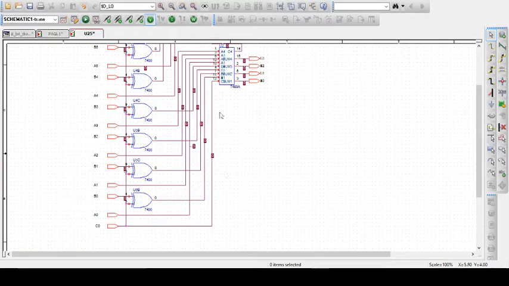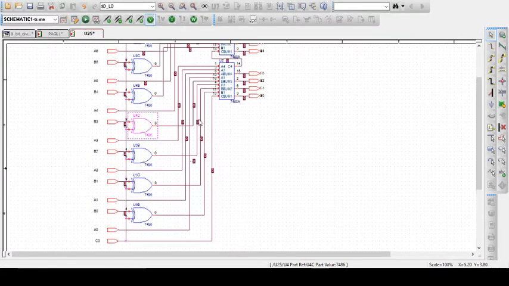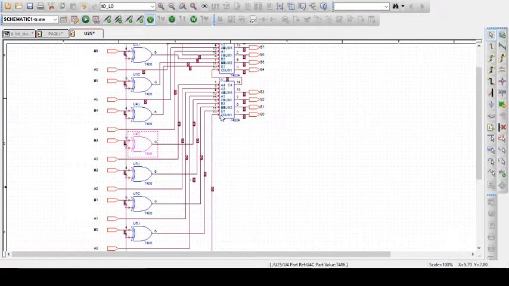When the C-in term is high, the XOR gates will act as an inverter and will invert the B term. And the way to find the 2's complement of a binary number is to invert it and add 1. And so the XOR gates perform the inversion, and then the carry in is added to that.